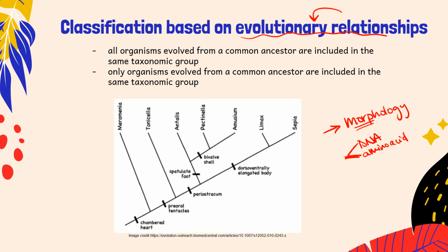We can use this information, making sure that we're following these two tenets of classification: that all the organisms evolved from a common ancestor are included in a group, and only organisms evolved from that common ancestor are included in a group. This diagram is a cladogram, and it helps us illustrate the evolutionary relationships amongst different groups of organisms.